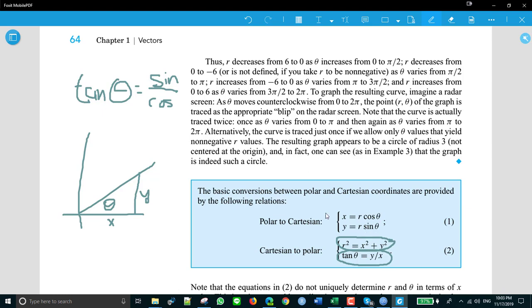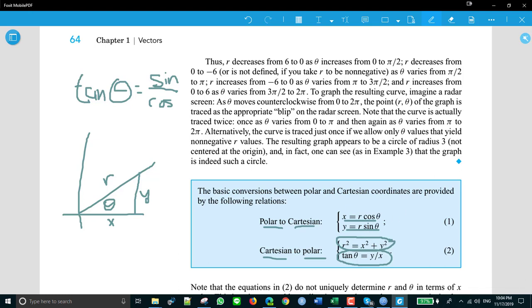So if here's y, and this is r, y is equal to r times the sine of theta. And we also have this one. So we have these easy relationships. We start out with polar and go to Cartesian, or we start out with Cartesian and go to polar. These are very useful when we want to translate from one system to the other, and they're not hard to figure out.